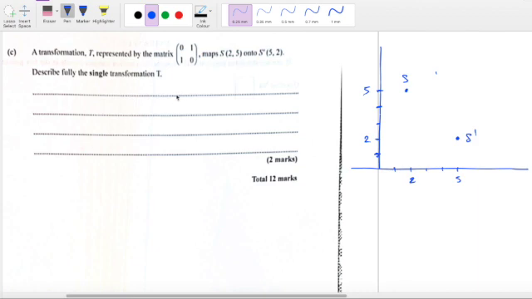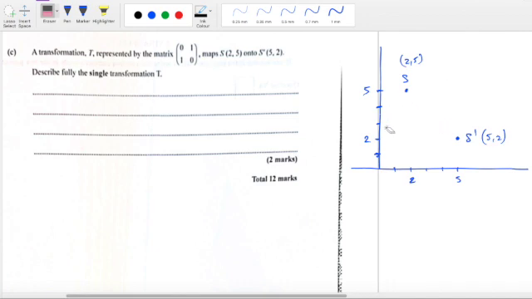So let me use reasoning. Yes, it could be a translation, because if this is 2, 5 and this is 5, 2, it could be a translation, but that translation will not look like this. Translation matrices don't look like that. It's not that.